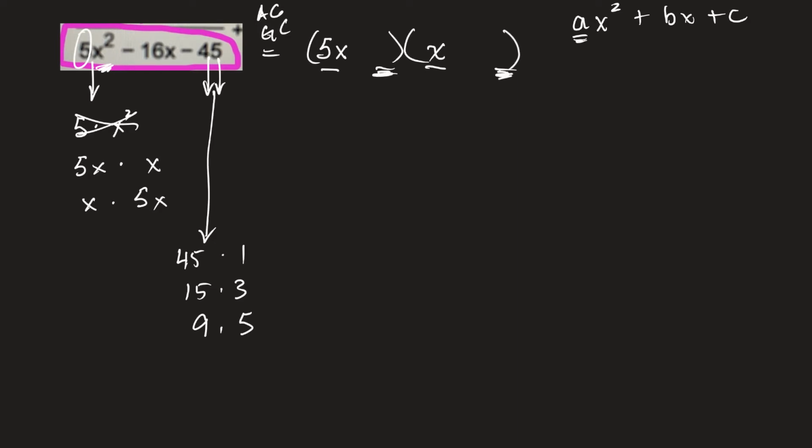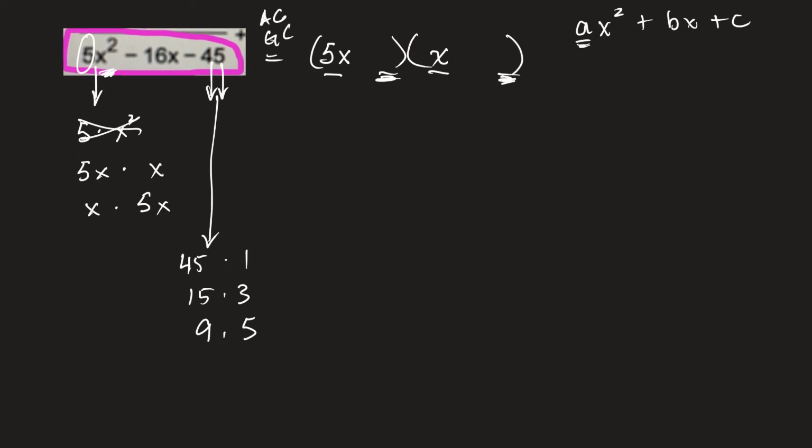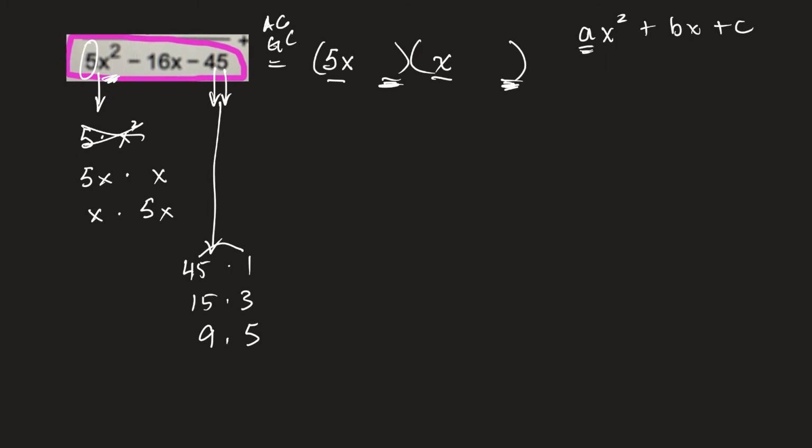One thing I use, and it doesn't work all the time but it often works, is what I call the middling method: I pick the numbers that are closest to each other. Here there's 44 away, here 12 away, and here only 4 away. So I'm going to start with those two, and if they don't work, I'll try this one, and then that one. But I'm guessing and checking. So let's try the 9 and 5.